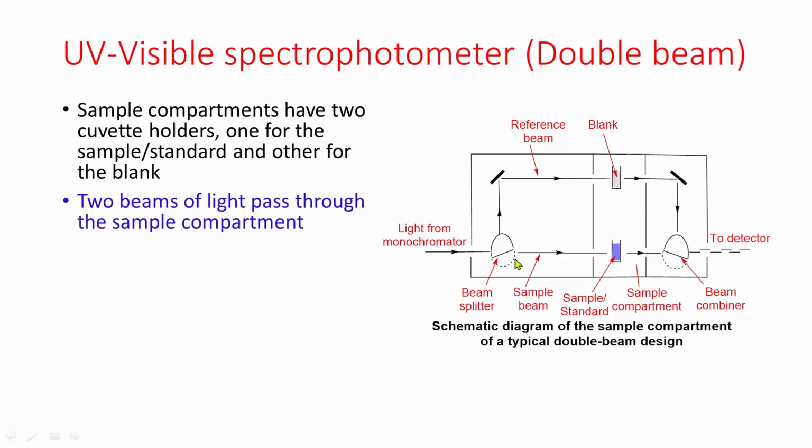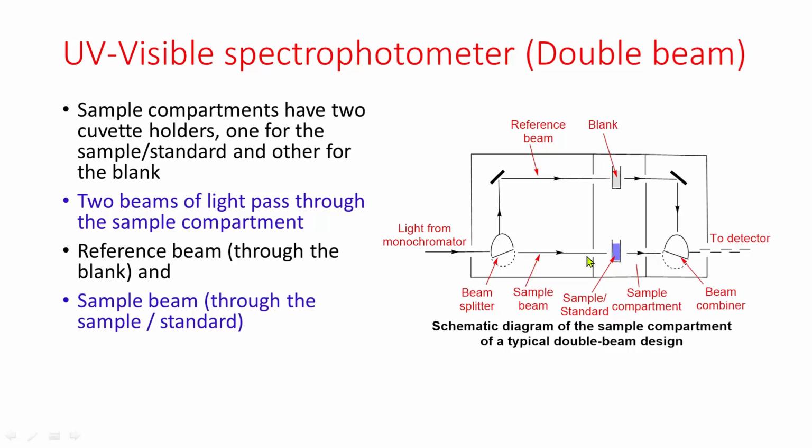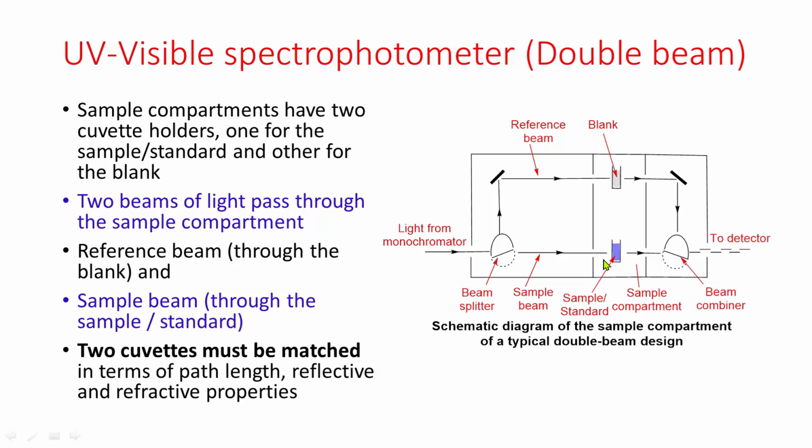Two beams pass through the sample compartment. The reference beam passes through the blank. The sample beam passes through the sample or standard. The two cuvettes must be matched in terms of path length, reflective and refractive properties.